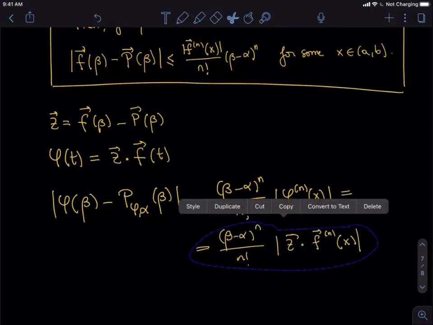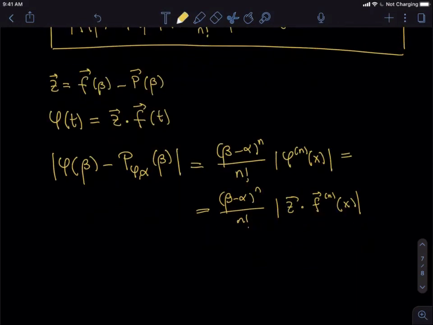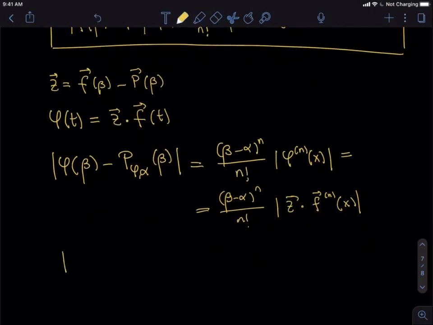So let's work a little bit also on the left-hand side. So phi of beta minus p phi alpha. What is this?